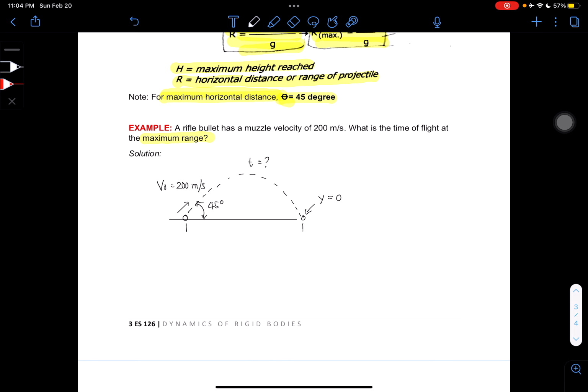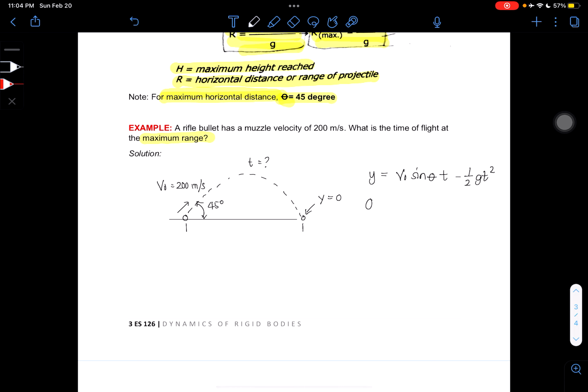So to solve for time, our formula will be y is equal to V0 sine of angle theta multiplied by time, minus 1/2 g t squared.